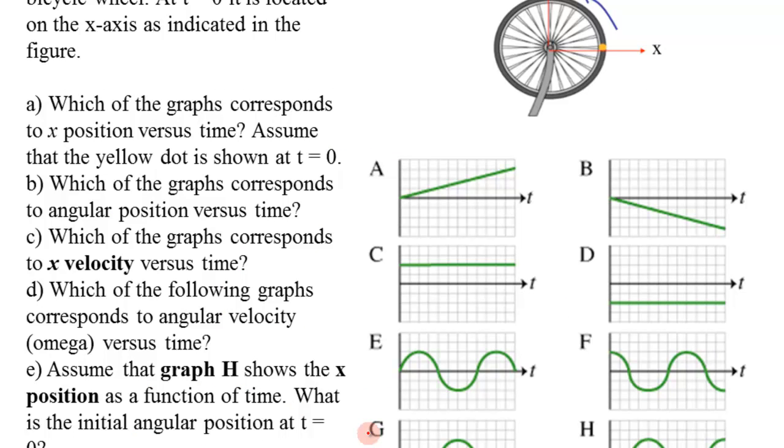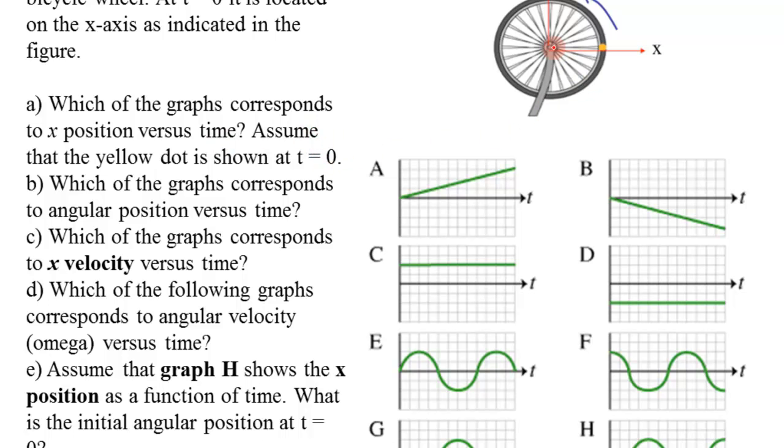We've seen a question like this on worksheets and on the diagnostic. There's a whole bunch of different things here from the worksheets, so let's go over these real quick. We've got this thing spinning around, t is equal to 0, the dot is right here. Which of the graphs corresponds to x position versus time?